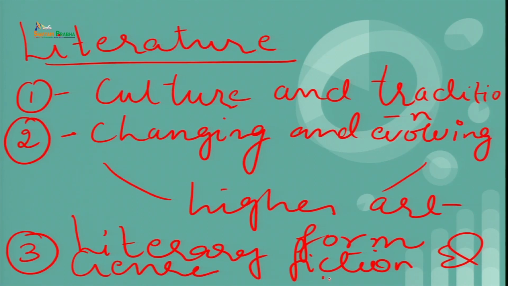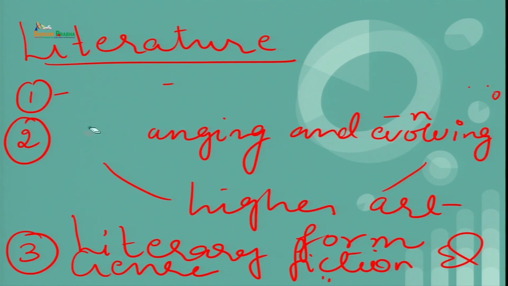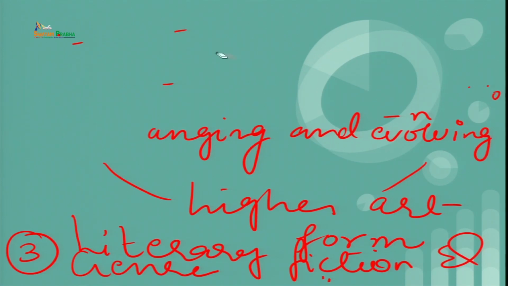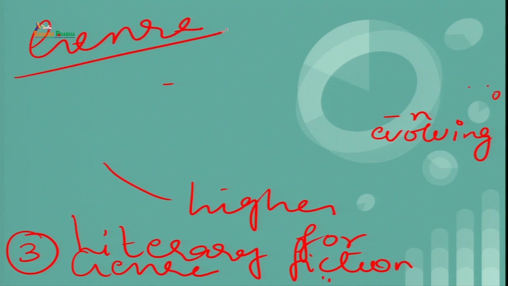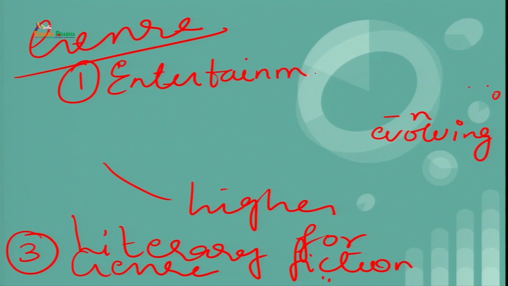So, what is literary fiction and genre fiction? That we will try to look at in this slide. First of all, let us see what is genre fiction. In genre fiction, we see that there is not much character development, and it is mainly used for entertainment, or it is definitely taken up to study the plot of a piece.